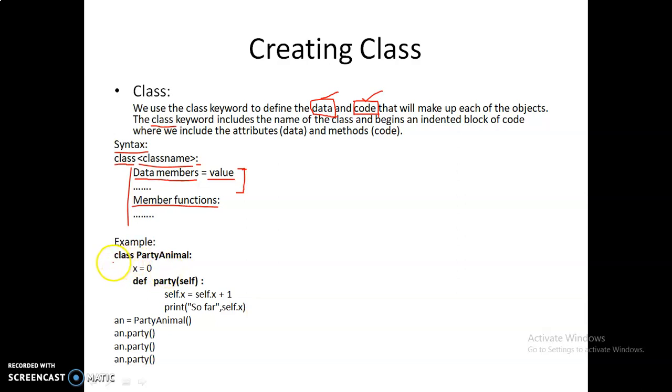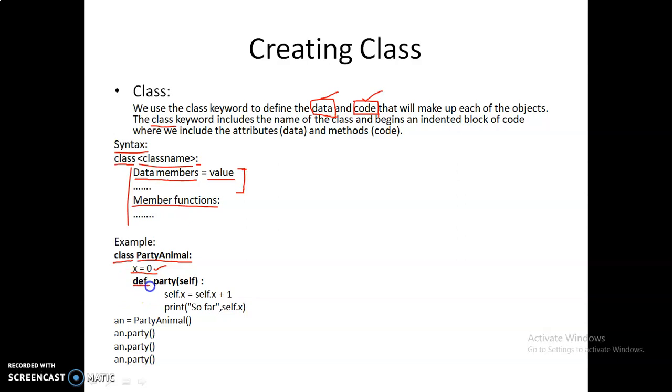See the simple example of a class. Class is a keyword and our class name is PartyAnimal. Colon starts here. x equals 0. x is our data member of the class, which is initialized with the value 0. So initially the x value is 0. And then I am writing one member function.